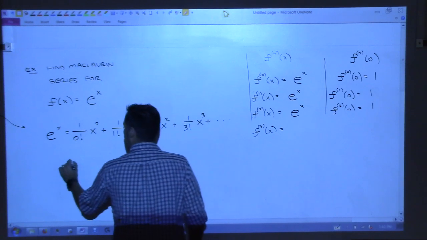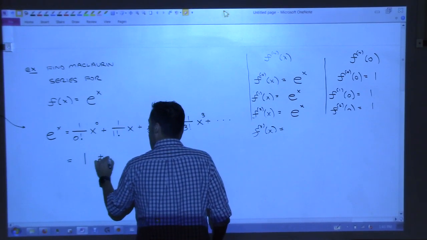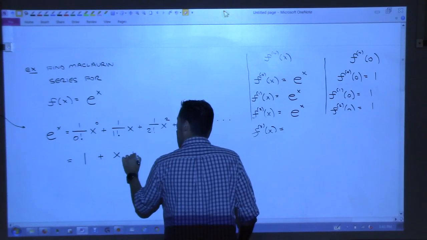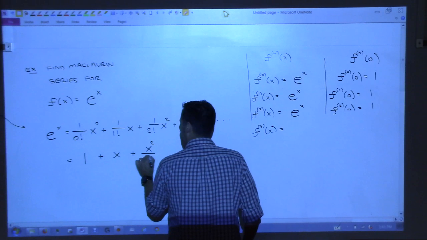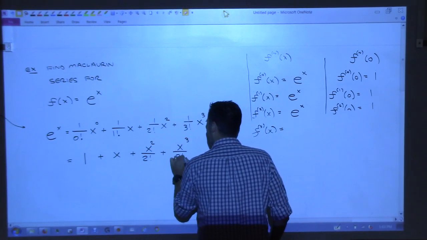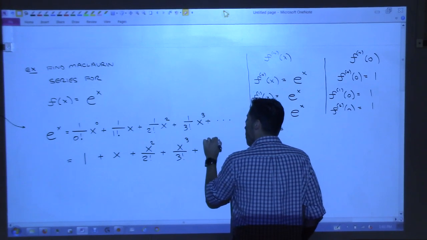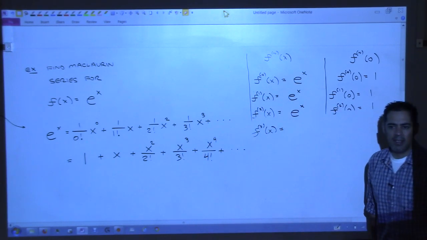Let's rewrite this. This is really 1 plus x plus x squared over 2 factorial plus x cubed over 3 factorial plus x to the 4th over 4 factorial plus dot, dot, dot. That's e to the x right there.